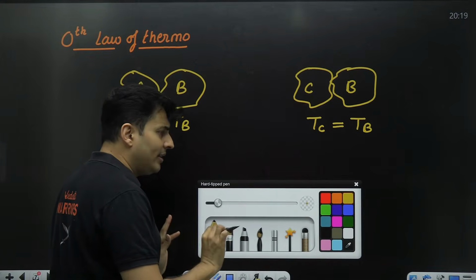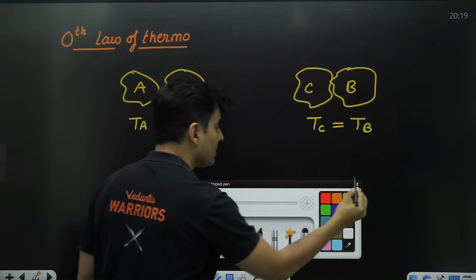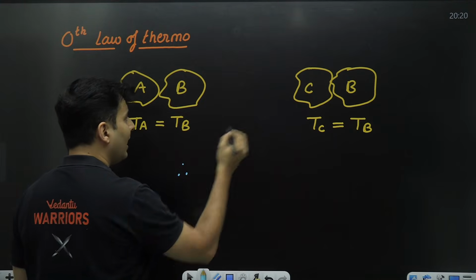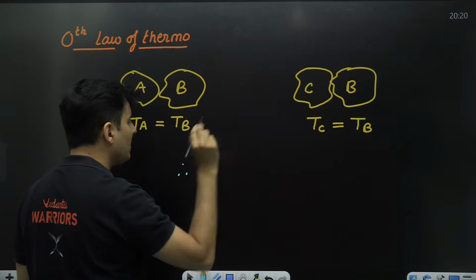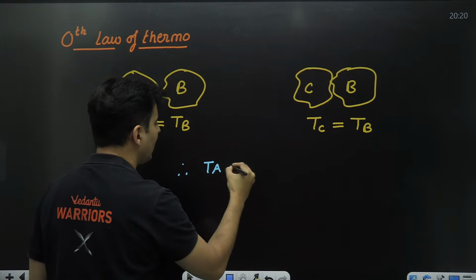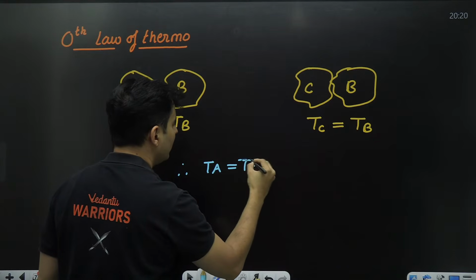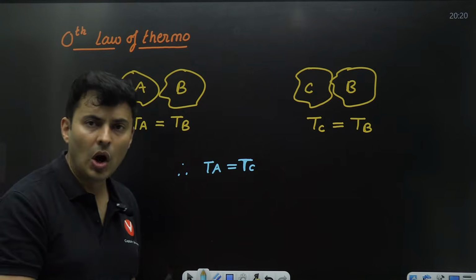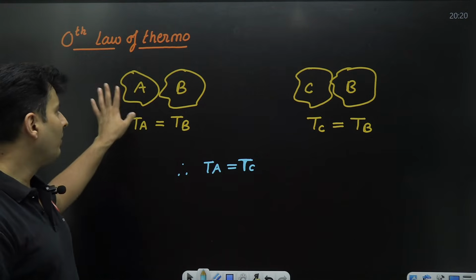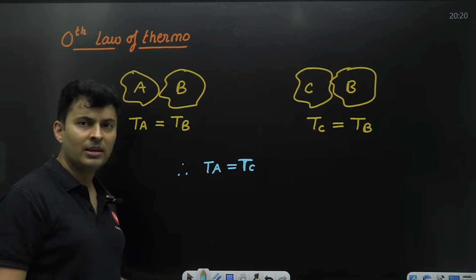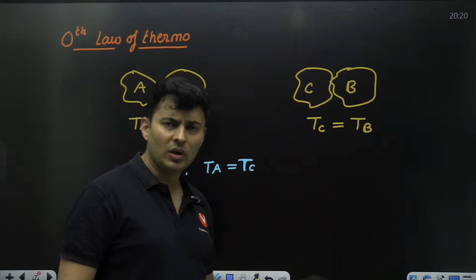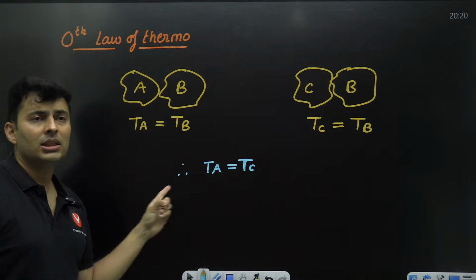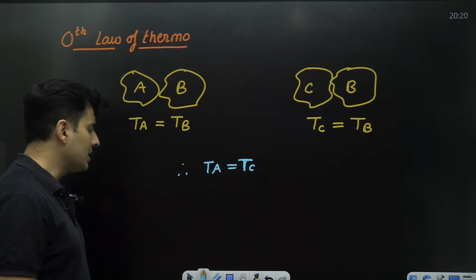Then, without conducting any further experiments, one can conclude that body A and body C must be in thermal equilibrium. That means TA must be equal to TC. This is basically the zeroth law of thermodynamics. If a body is in thermal equilibrium with B, and another body is also in equilibrium with B, then those two bodies are in thermal equilibrium with each other.